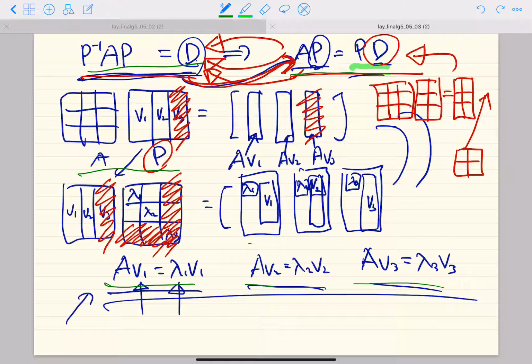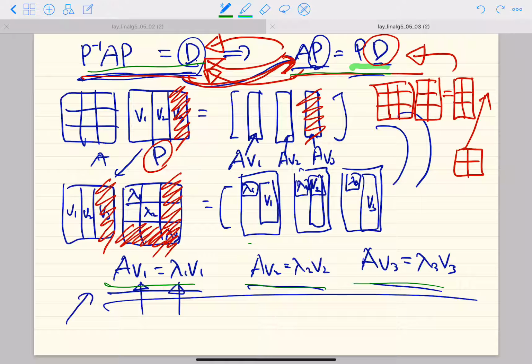So here, in the case of a 3 by 3 matrix A, we need 3 linearly independent columns to form the square matrix.